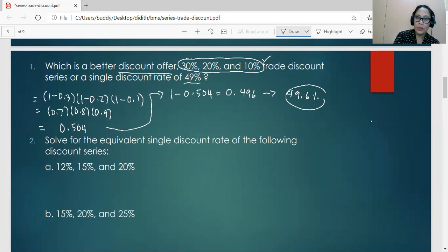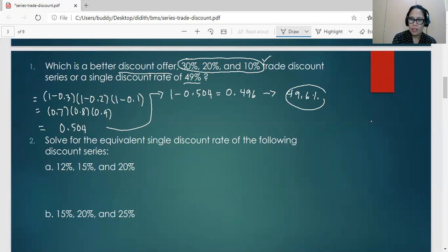Now we're going to solve for the equivalent single discount rate of the following discount series. Now, for me, among the three, the first method is the easiest one. It's up to you whether you're going to consider that method, as long as you'll come up with the same correct answer.